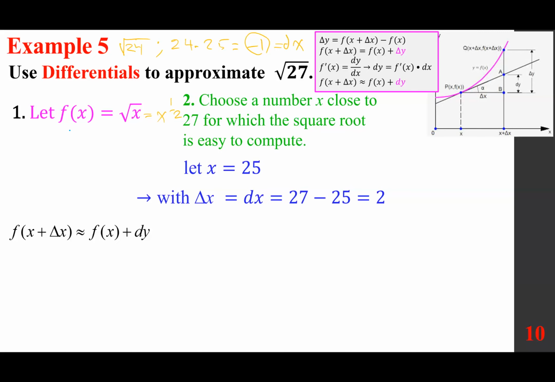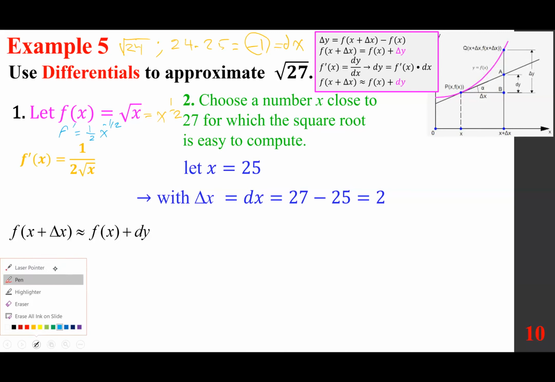And then f prime is 1/2 x to the power of negative 1/2, or 1 over 2 square root of x. Then dy is the same thing times dx. So I tag along dx. Now I'm ready to work with this. I'm going to replace the f of x with square root of x. I'm going to replace the dy with 1/2 square root of x dx.